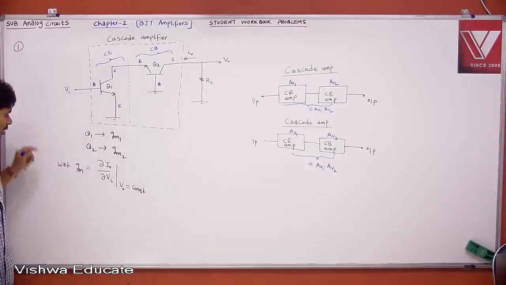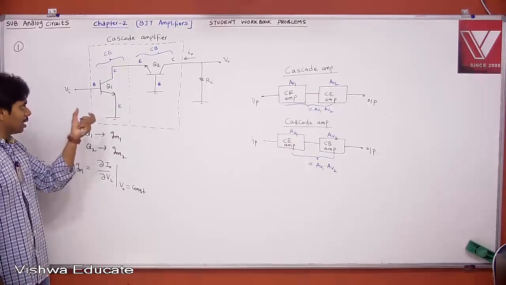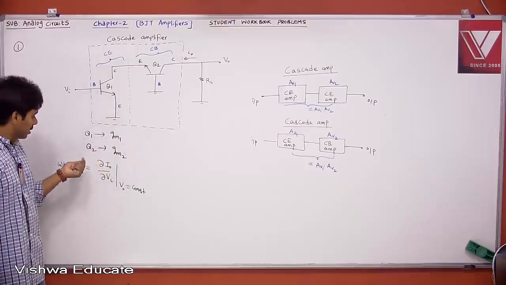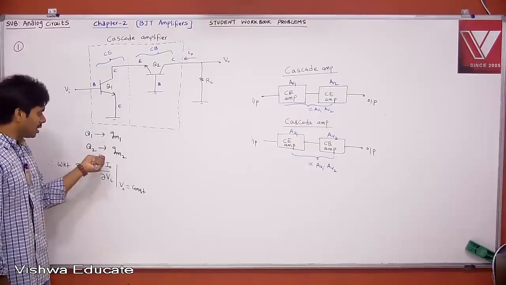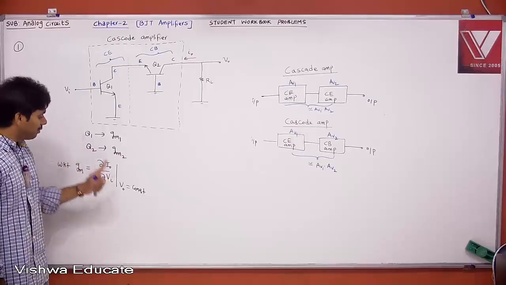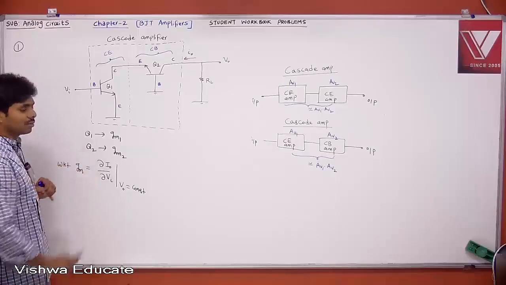Therefore, what is transconductance? Whether it is BJT, JFET, MOSFET, any device, any block, GM is defined as the change in output current with respect to change in input voltage when output voltage is constant. I already defined this.